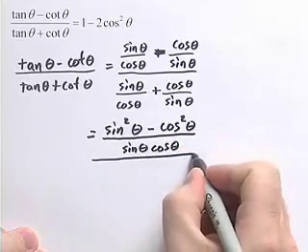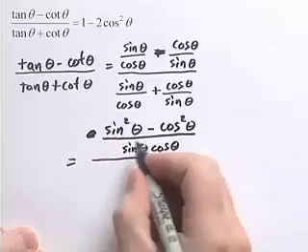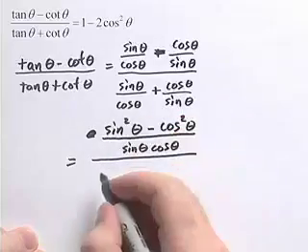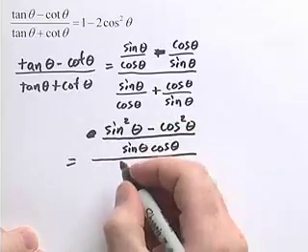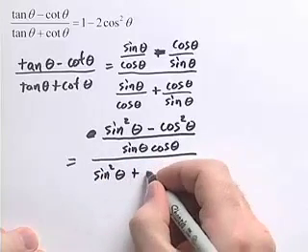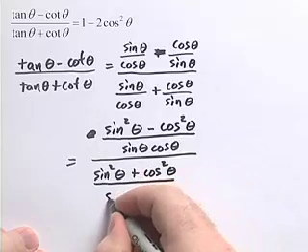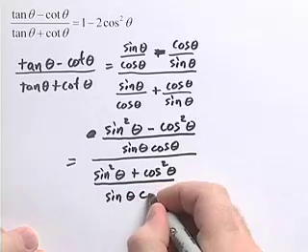That would be our numerator. Let's drop our equal sign down here. Do the same thing in this denominator, and we'll get sine squared theta plus cosine squared theta divided by sine theta cosine theta.